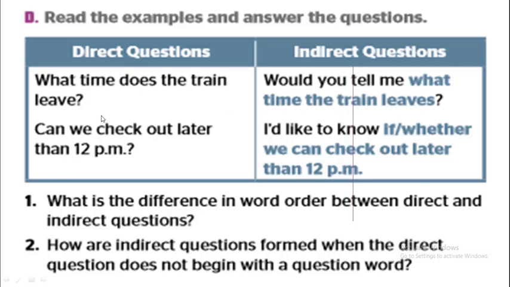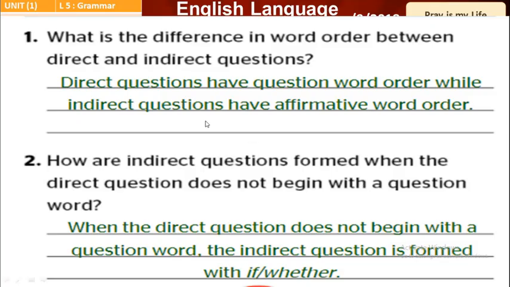The second question, can we check out later than 10 p.m.? As an indirect question, we may say, I'd like to know whether we can check out later than 12 p.m. Pause the video and prepare your answers, which should be something like the following.